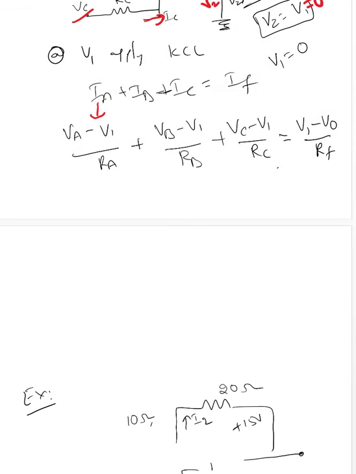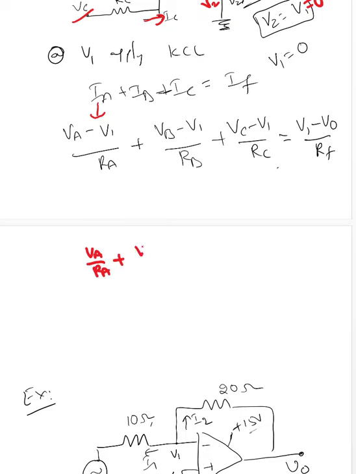I know V1 equals 0, so if I simplify this, it's going to be VA over RA plus VB over RB plus VC over RC equals negative V0 over RF.